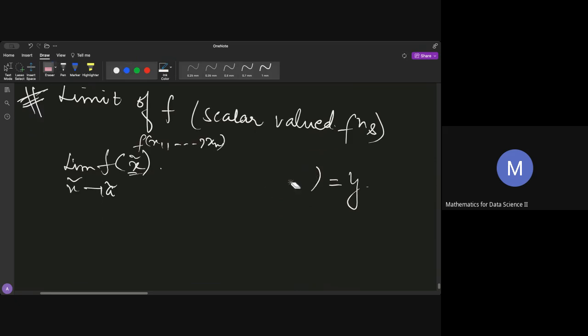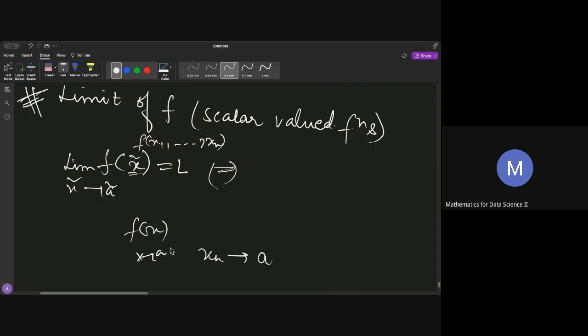So if you have to find this thing, it should be when x tilde comes close to a tilde. That should mean that when you have a sequence, if you have to find this limit, let's say this limit is L. Then we've discussed this when we had f(x) here. If x_n tends to a as x tends to a, this is true if and only if for every sequence x_n tending to a, the sequence f(x_n) should tend to L, right?